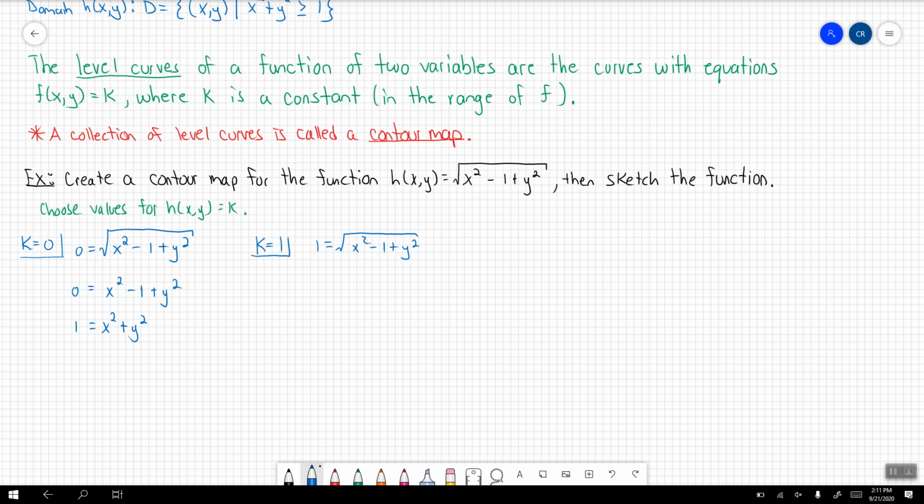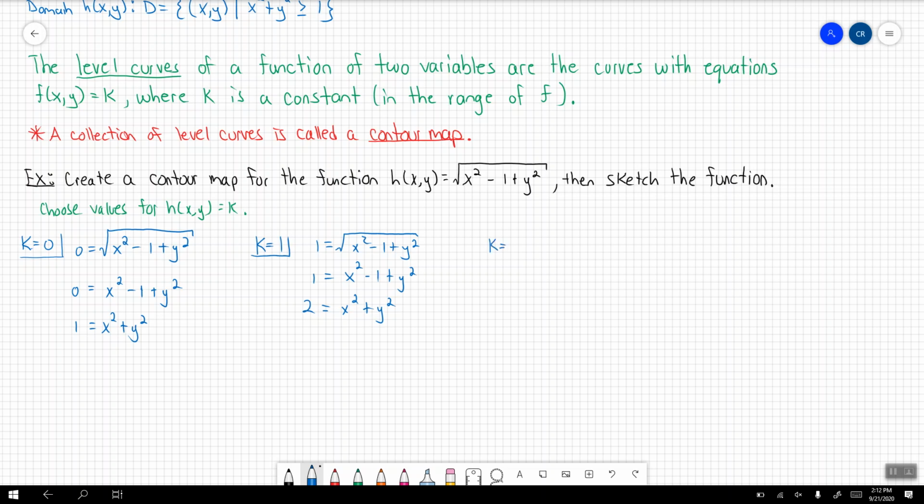Take the square of both sides, then we still get 1 is equal to x squared minus 1 plus y squared, which means this is going to be x squared plus y squared is equal to 2. So again, we have another circle centered at 0, 0, but the radius is now square root of 2. And again, notice I'm picking all the k values that are in the range for the function h of x, y.